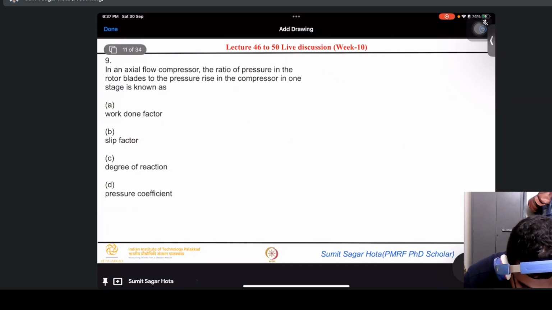In this question, I already told you the definition of degree of reaction in terms of enthalpy, and this is the definition of the degree of reaction in terms of pressure.